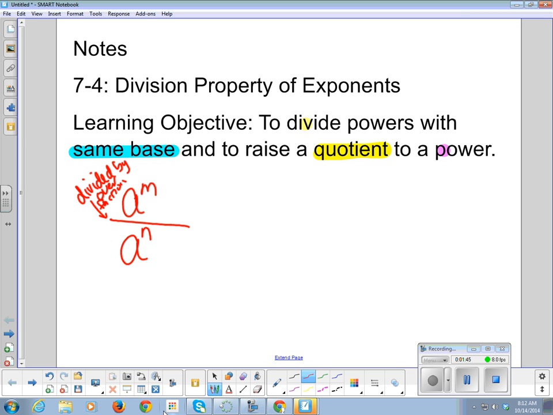All those things are equivalent. Being a fraction, dividing by, and over are equivalent. So if I reference that and you're going, wait, you said that was divided by, or a fraction, or over, it's all of those things. It's wonderful. So when you divide a to the m by a to the n, you get one base with the exponents subtracted. And let me show you how that works.